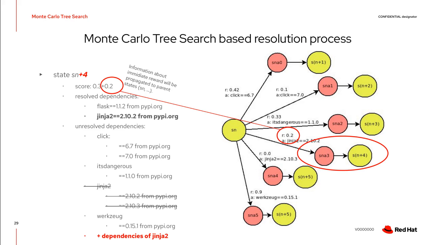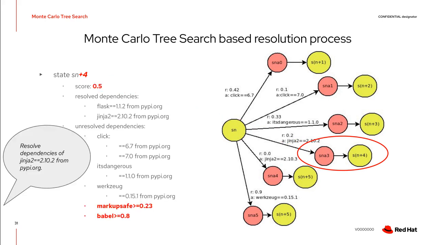So we adjust the score in the newly created state to add 0.2 as the reward signal that we obtained. Then, as we moved Jinja2 to resolved dependencies, we need to resolve the dependencies of Jinja2. So we need to ask the resolver what the dependencies of Jinja2 are.